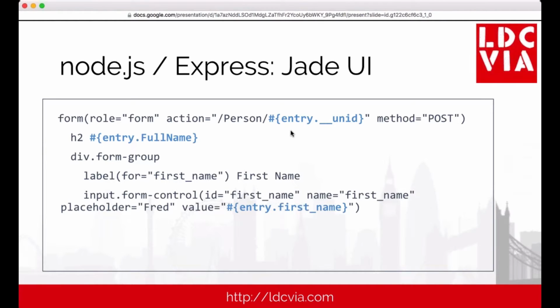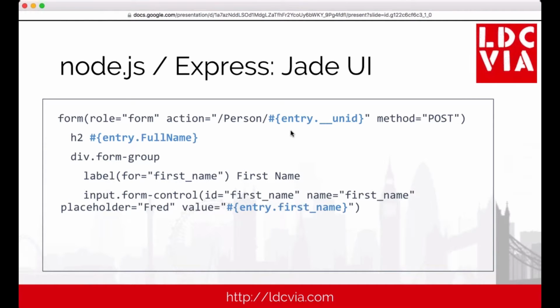So there's a form. You can see there's some curly brace placeholders, and they are actually picking up attributes that are pushed into the view by our web application. And we're pulling out things like a full name field. And in this example at the bottom, you can see we're also pulling out the first name field. Now, there's more content. This is just a snippet.